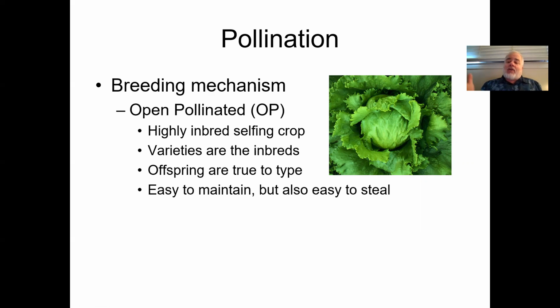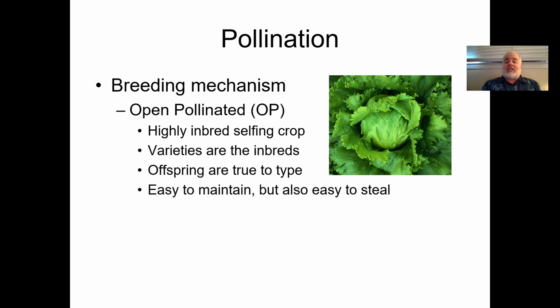I do have to keep other plants away from it, but I had a habit of keeping things anywhere from 2 to 10 feet apart, depending on how isolated I needed them to be. And that's it. As long as they're 10 feet apart, I don't have to worry about accidental cross pollination. It's just open pollinated and it selfs all by itself.